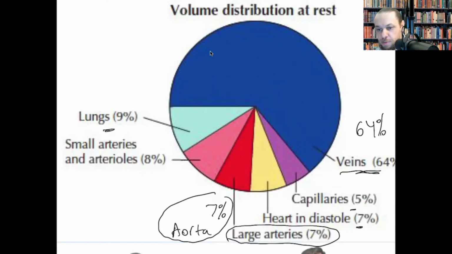Usually, when we talk about veins and arteries, we say arteries are the distribution point, right? So how the blood gets distributed. So arteries are distribution, and veins are the capacitance. It's the storage of blood, right? So most blood in your body is in the veins.